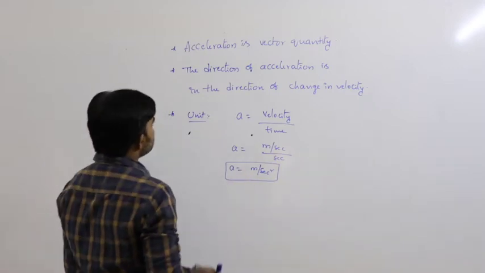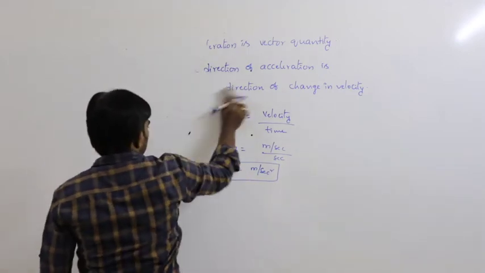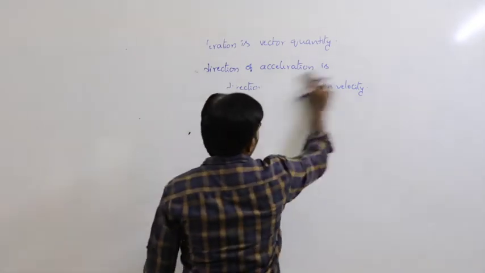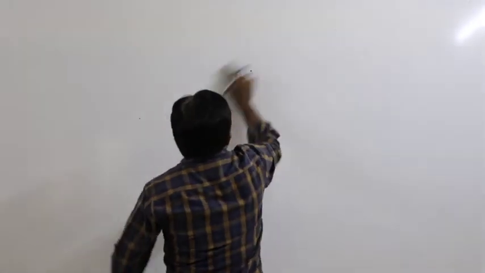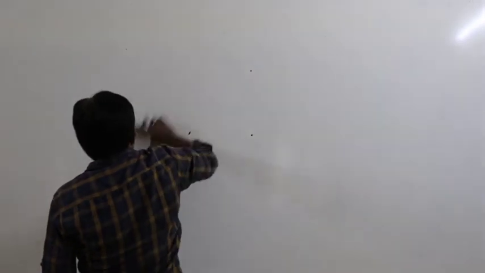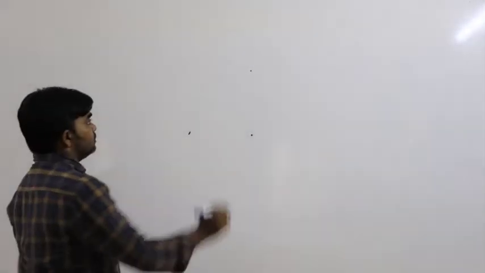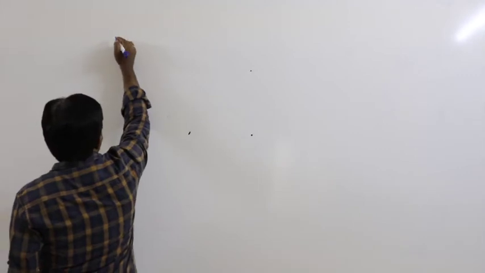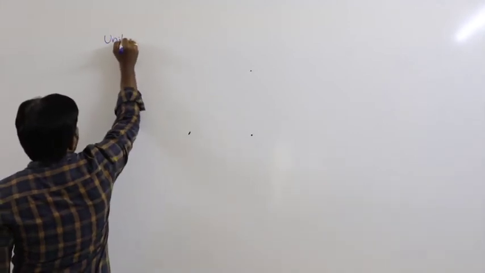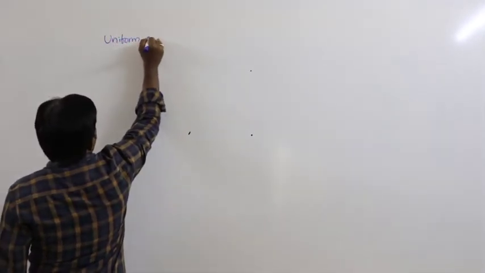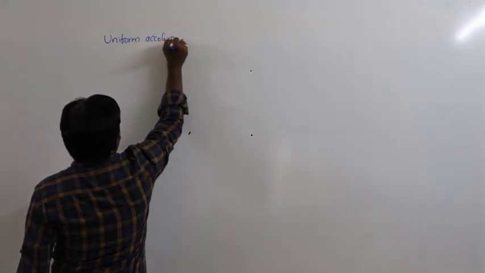Now, what are the types of acceleration? Uniform acceleration, non-uniform acceleration and instantaneous acceleration. First we will discuss uniform acceleration.